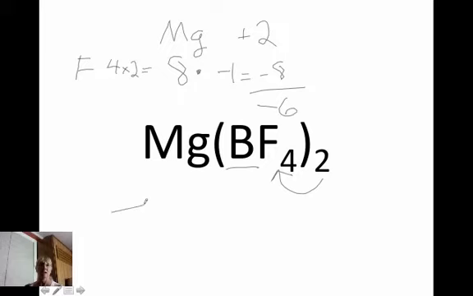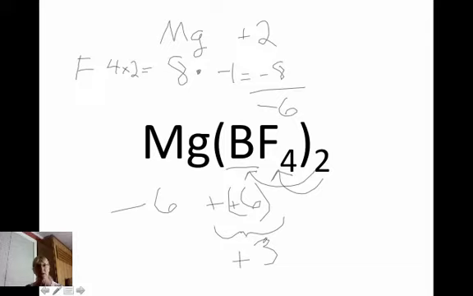Well, we learned that you have to have all the charges add up to 0. So you're thinking, okay, I've got to add a +6. But wait, this 2 outside the parentheses also applies to the boron. So a -6 plus a +6, now you have to ask yourself the question, what number times 2 equals a +6? And the answer is +3.